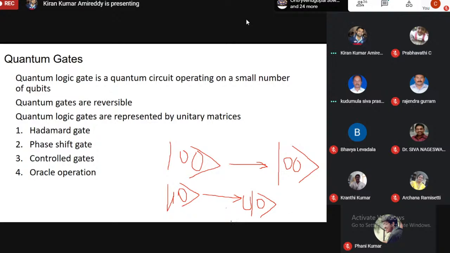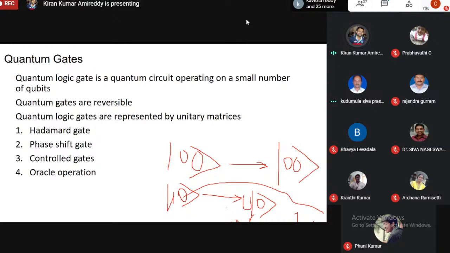This can be written as 1, then the function is simple: the first qubit, multiplied by x of 0 plus x of 1. It will operate the first one on the function, then take an addition, then this second one. So that is the controlled gate.